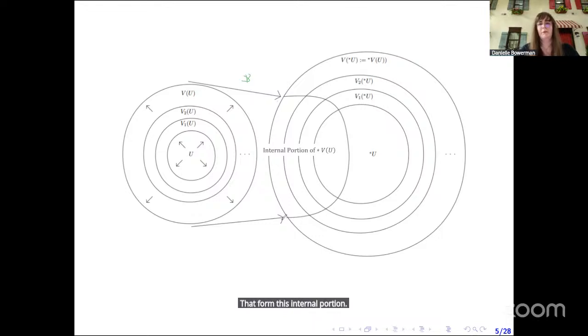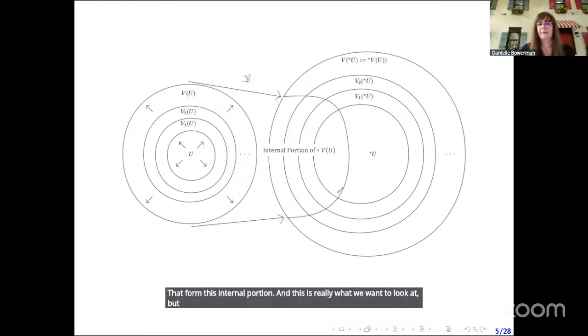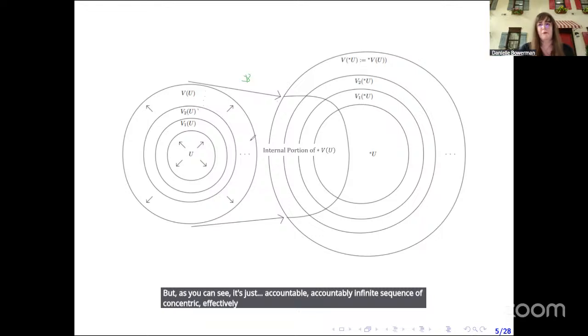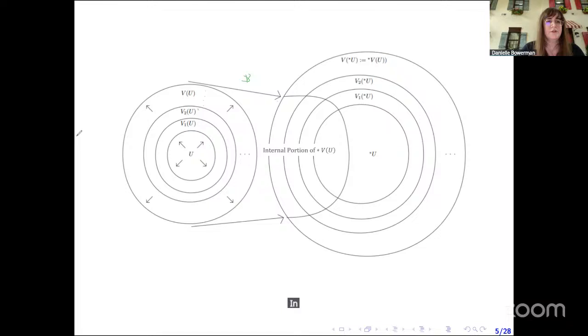And this is really what we want to look at, but there are a few other terms that we'll talk about on the next slide. As you can see, it's just a countably infinite sequence of concentric, effectively circles here, but power sets in the actual case.